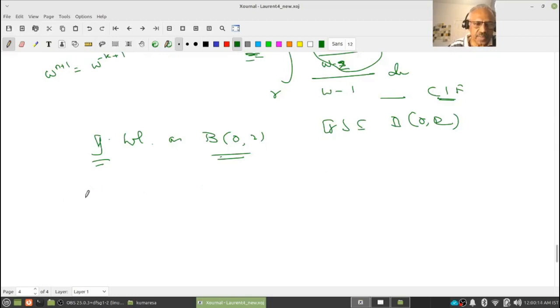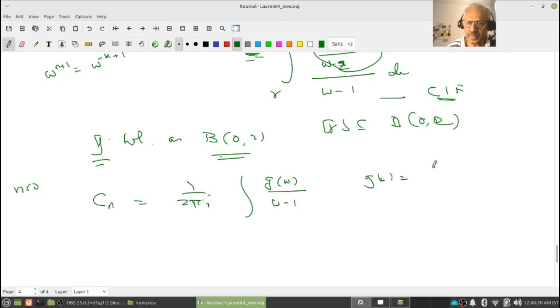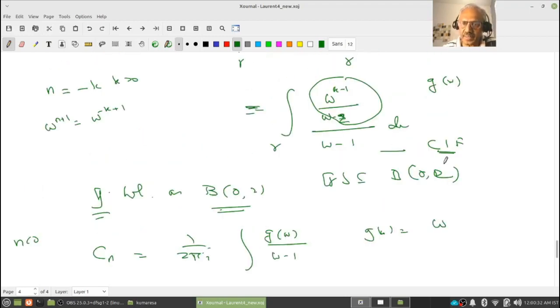Therefore my Cn for n negative is going to be 1 by 2 pi I of integral g of w by w minus 1, where g of w is, let me write carefully, w power k minus 1 by w minus 2.